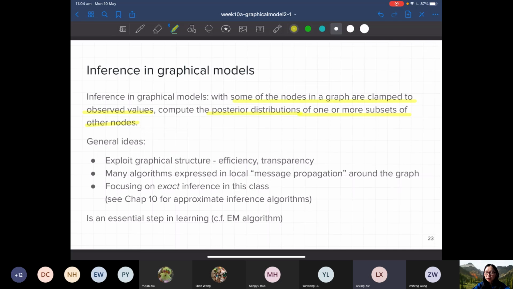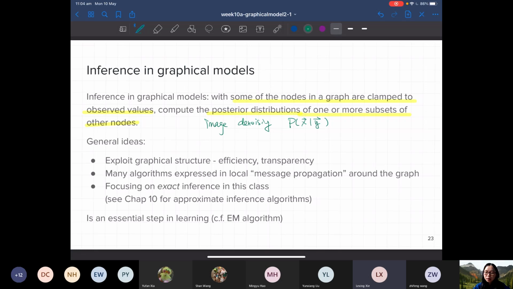So in the image denoising case, what we ideally wanted to compute is the probability of all the X nodes conditioned on all the Y nodes, right?